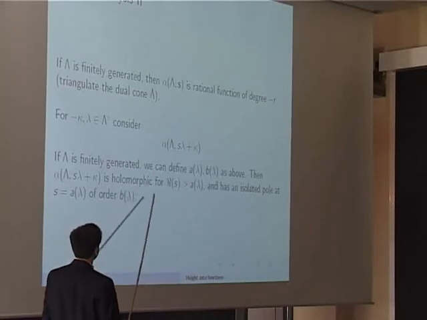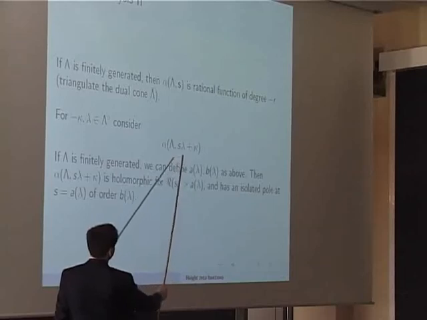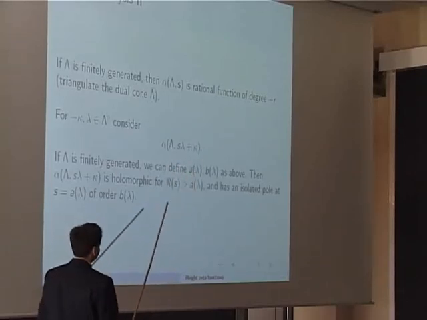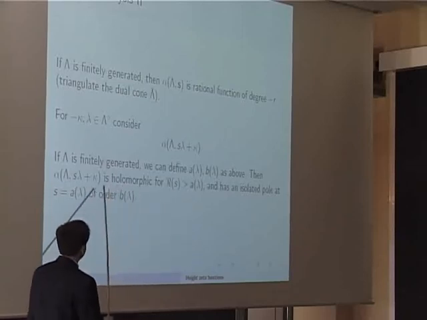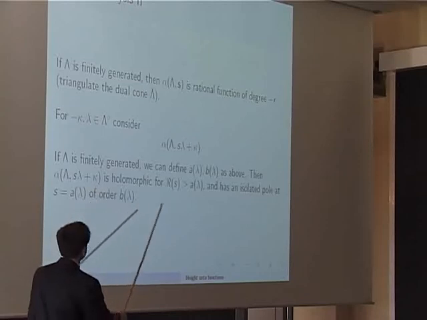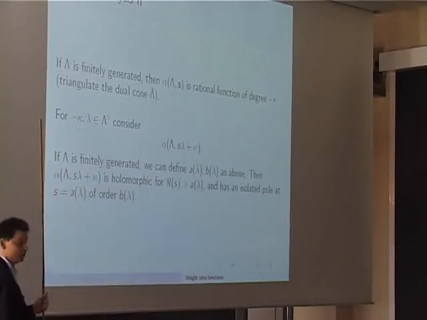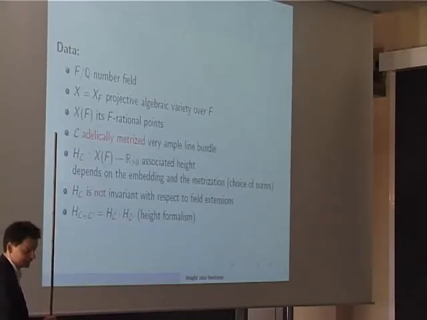And the pole is exactly at this invariant A of L, which you define completely analogously to what we did before. And the order of the pole is B of L, and then you get meromorphic continuation to, in fact, A of L minus delta for small enough delta. So that's the story of the cones in analysis.